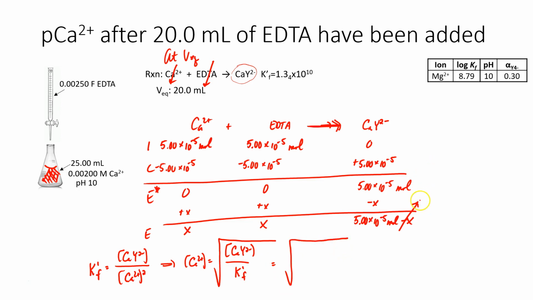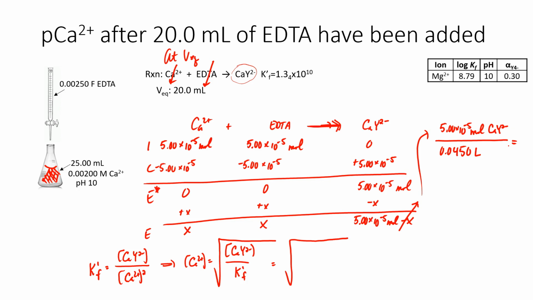Maybe we can do it right here. It's 5.00 times 10 to the negative fifth moles of that complex over the total volume. You had 25, you added 20, that's 45, or 0.0450 liters.